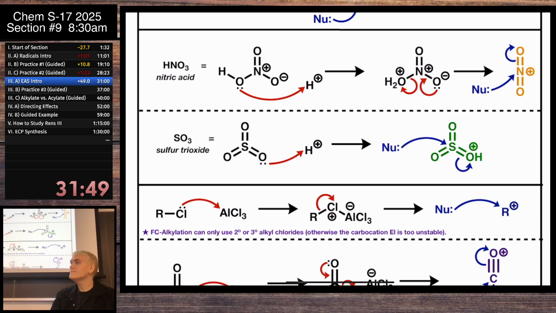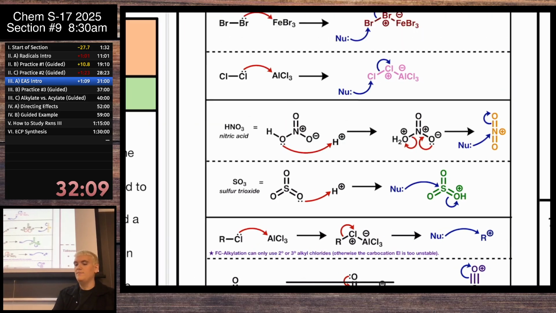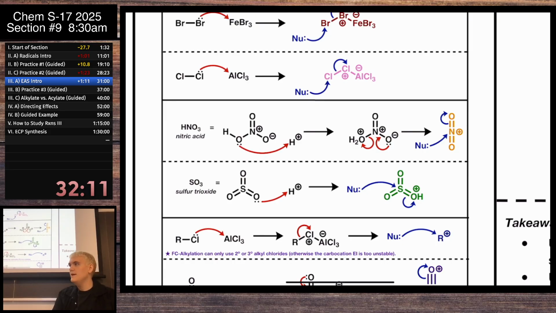So when you're thinking about synthesis reactions and box problems, your first step for both HNO3 and sulfur trioxide would be H+. Not exactly. We'll get to the reagents in a minute. Right now, we are just showing the mechanisms for forming these good electrophiles.